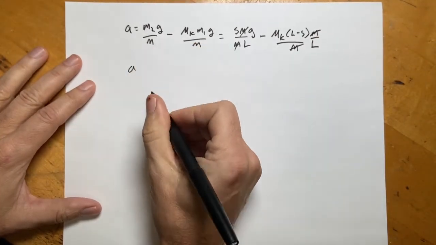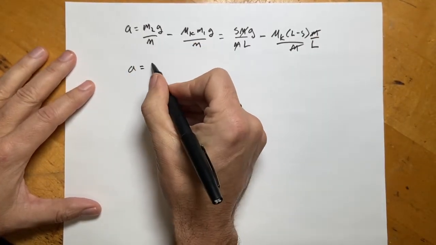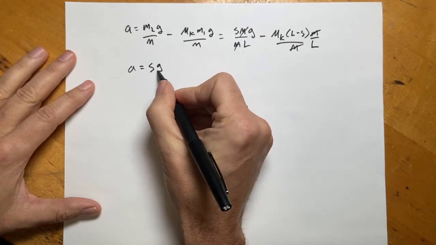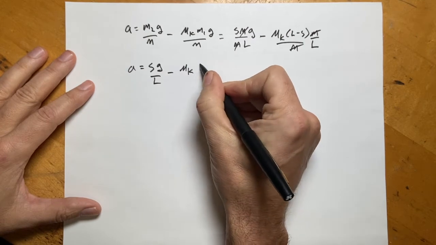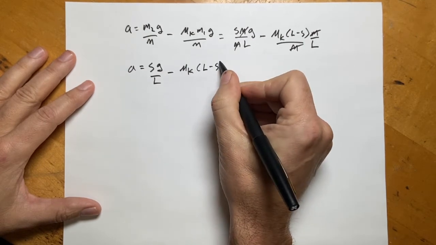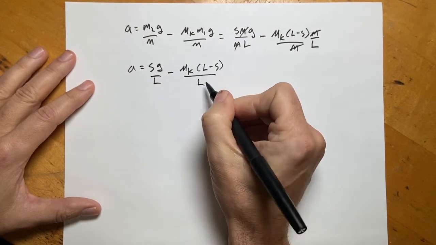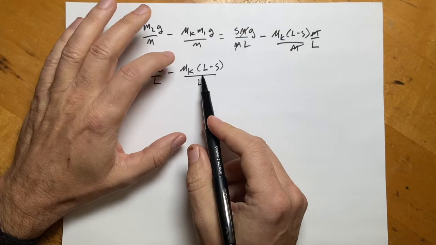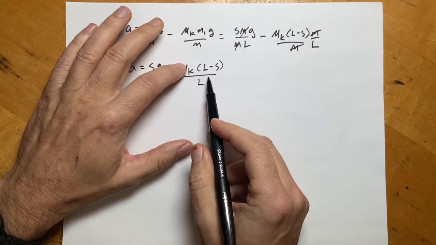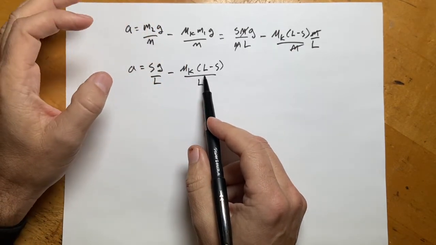So I get A equals S G over L minus mu K times L minus S over L. Okay, let's stop for a second. Could we simplify? I could multiply this out and I'll just get a mu K, which is kind of weird.